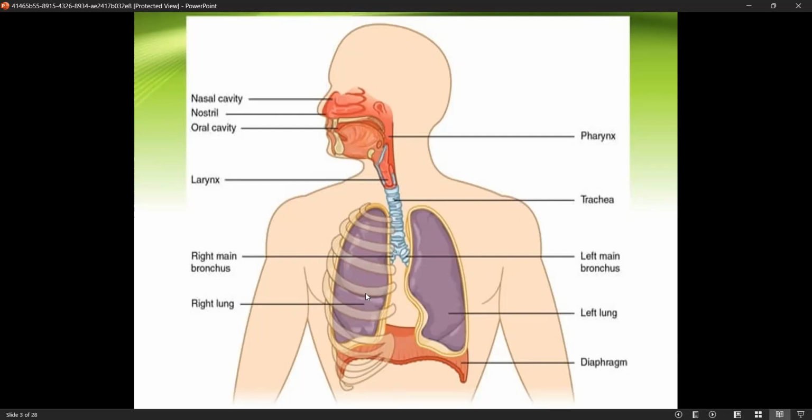Also, in between the two lungs, the heart is present, and the two lungs and heart are covered by the ribs, 12 pairs of ribs. And in front, the sternum is also present, a bony structure. The bony structures that cover the lungs and heart are the ribs and sternum in the front, and in the back the scapula and the vertebrae.